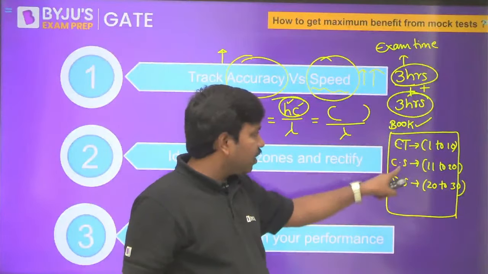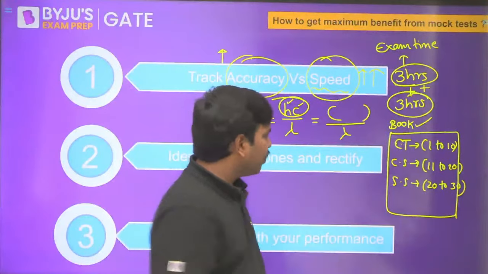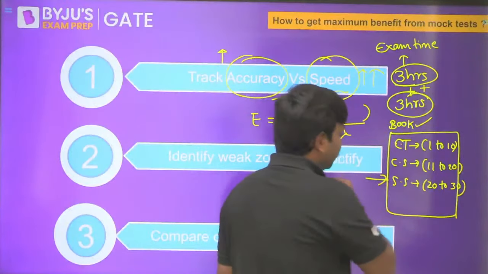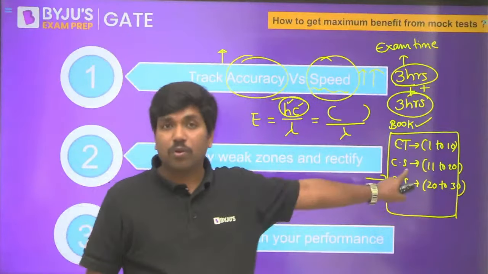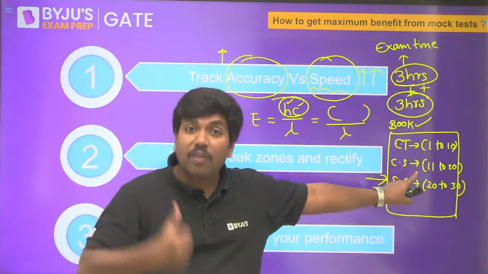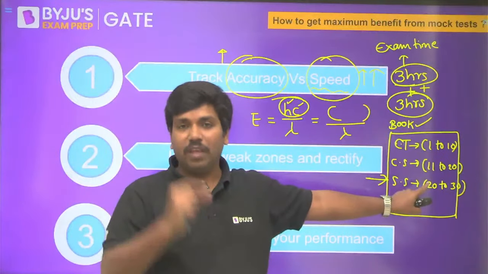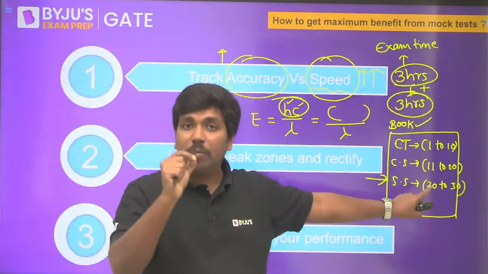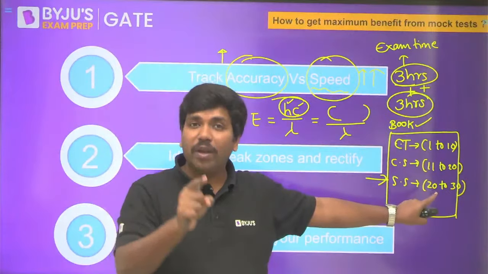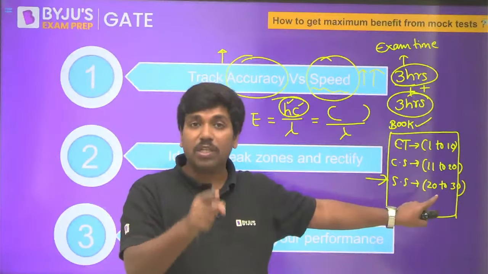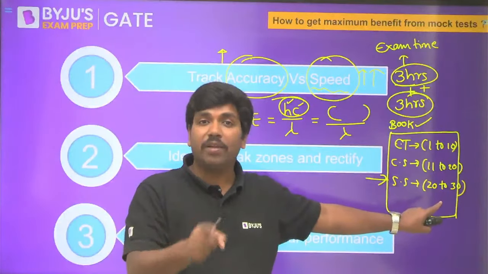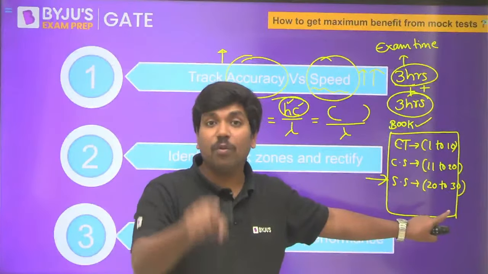Similarly in control system, signals and systems, let us assume that you have answered every question in signals and systems accurately. That means you are so strong in signals and systems. That will also give confidence. See, evaluation is not only meant for identifying the weak zones, evaluation is also meant for identifying the strong zones so that you will become very confident.